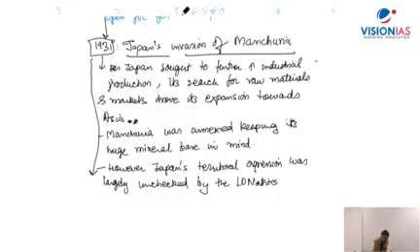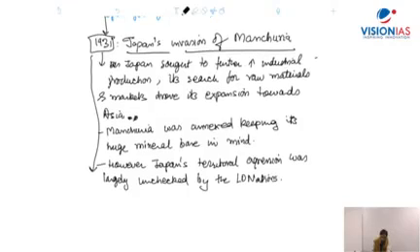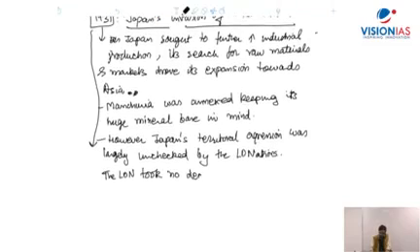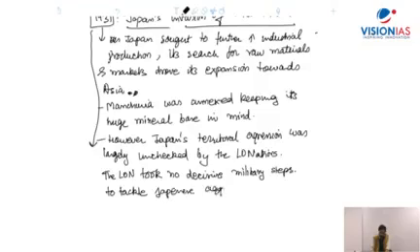The League of Nations took no decisive military steps to tackle Japanese aggression.